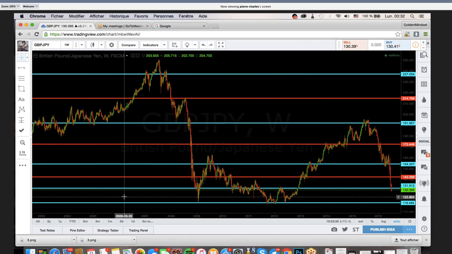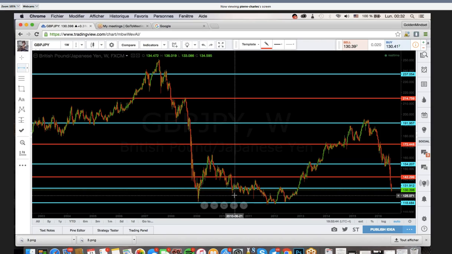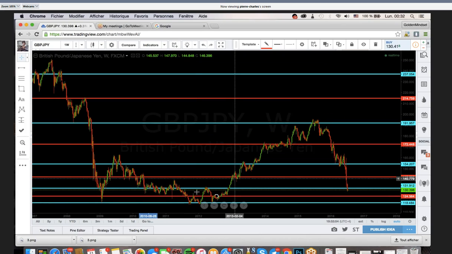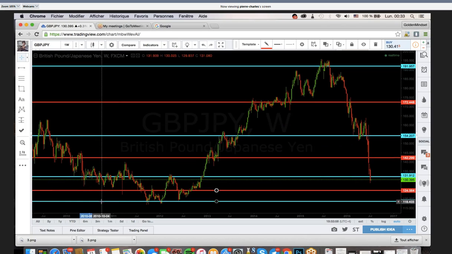And if you look over there, that's why last week, I think it was Thursday or Friday, I called that GBPJPY is going to go to probably 124, and it's going to jump there because look, we have a monthly level there. Again, 50%.